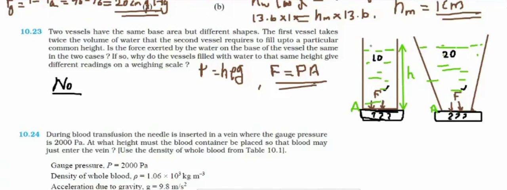Then, what is the reason? When we calculate this force F for the sake of finding pressure, everywhere the force is acting normal to the walls of the container. Here also, like this. Now this force we can resolve into perpendicular components: a horizontal component and a vertical component.